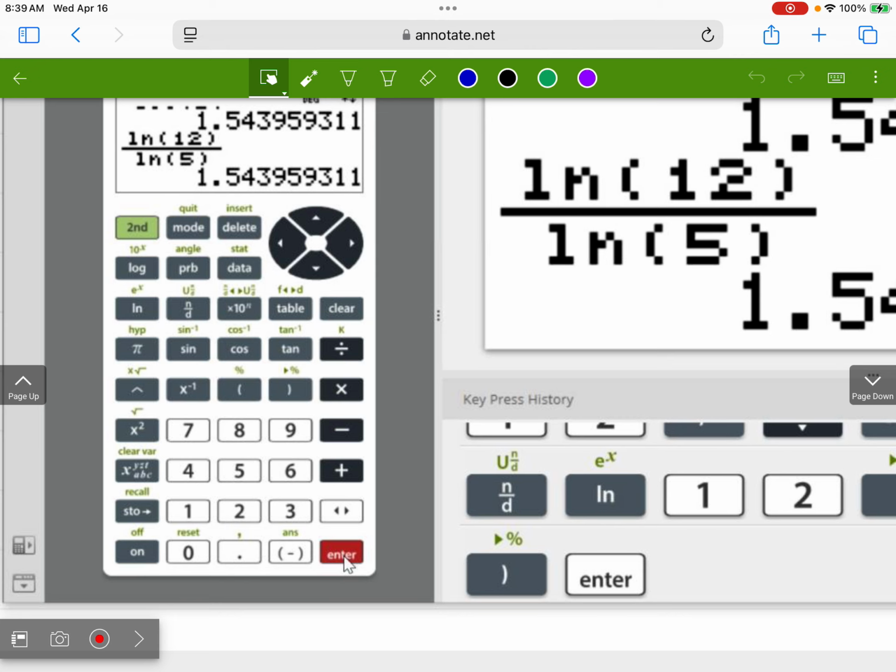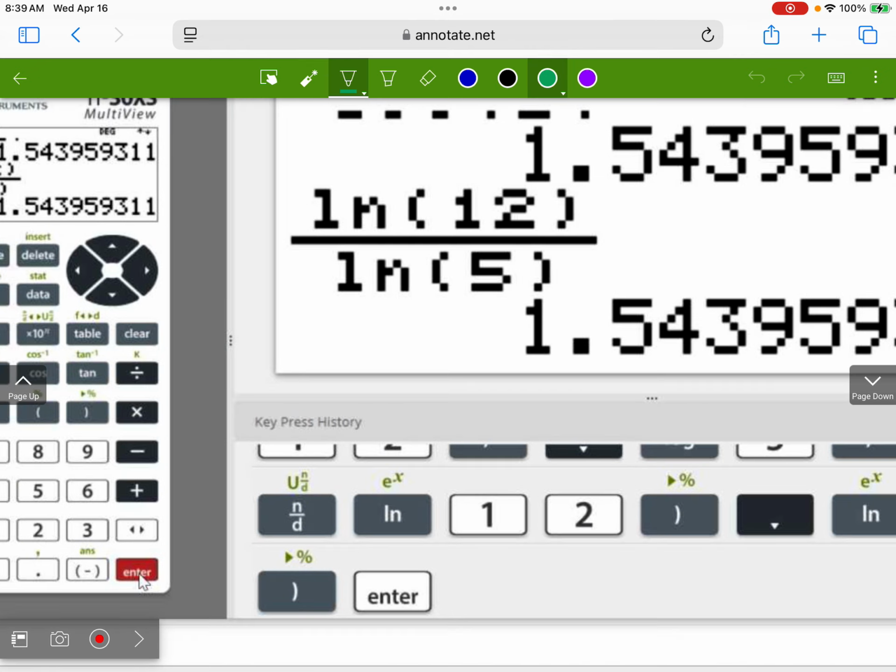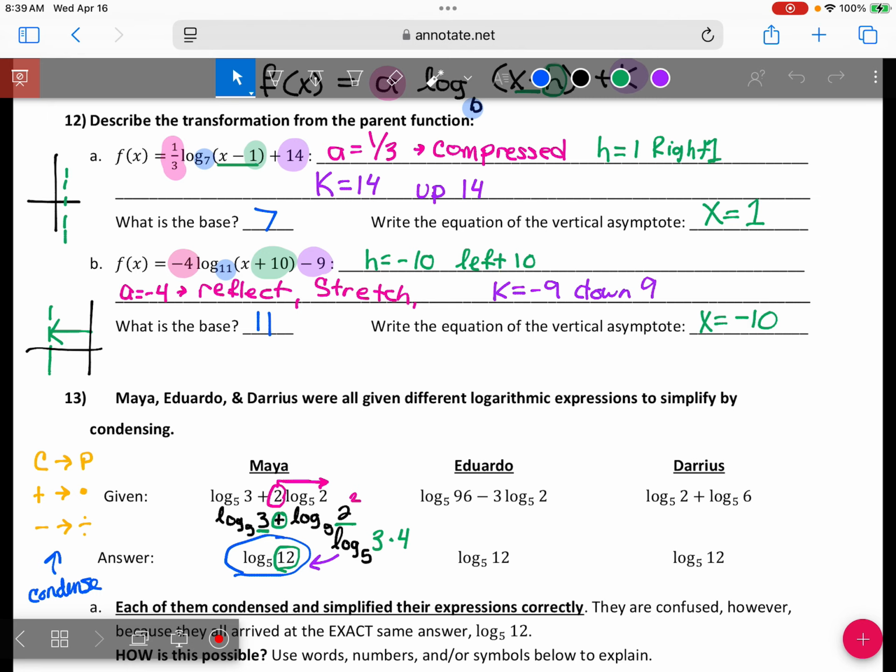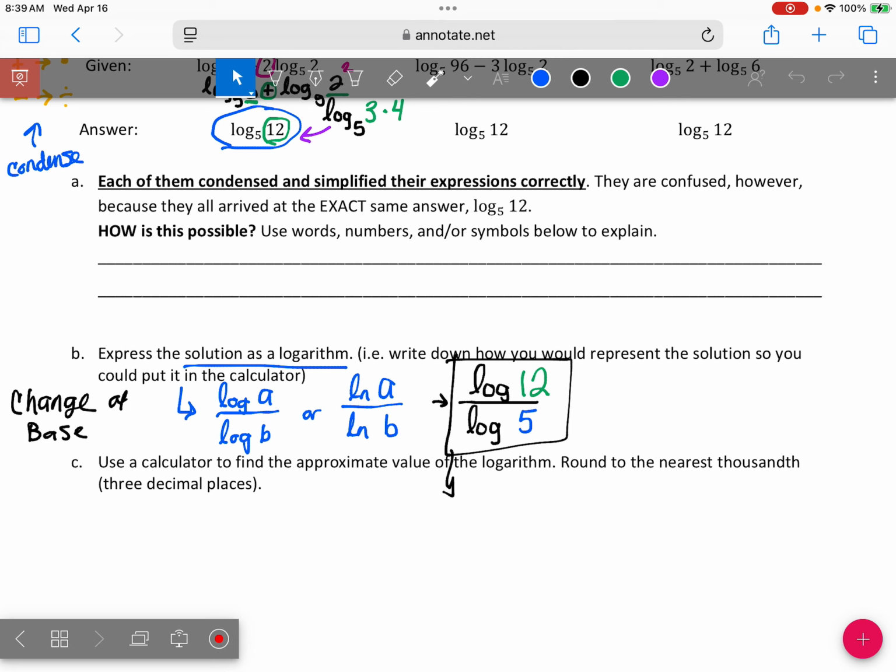Those decimals are 100% identical. We're going to take it to the nearest 3 decimal places because we were told to go to the thousandths. Is this 9 going to make us round up to 1.544, or are we going to stay at 1.543? Our decimal answer here is going to be 1.544.